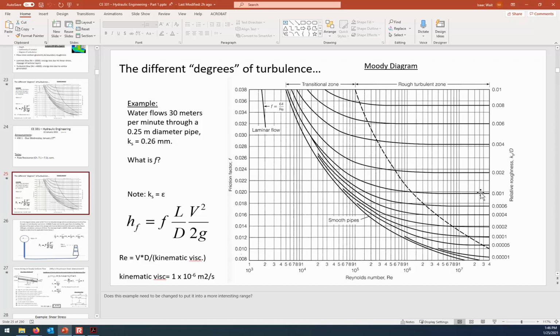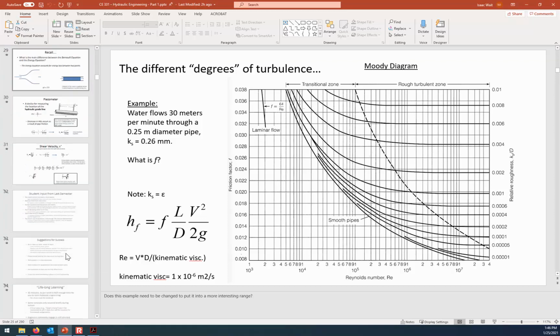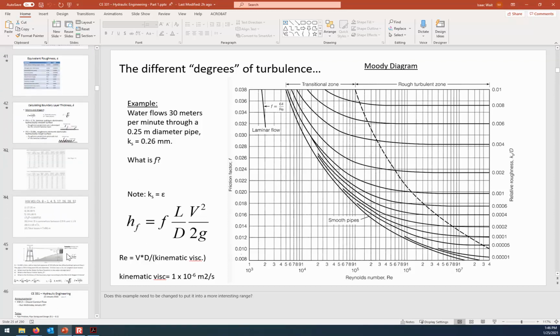Okay, so here's the point of intersection. So we'd go over, and 0.001 is the relative roughness. So epsilon over diameter is 0.001, and we know the diameter of the pipe was given in this example. Let's go back to the problem statement.